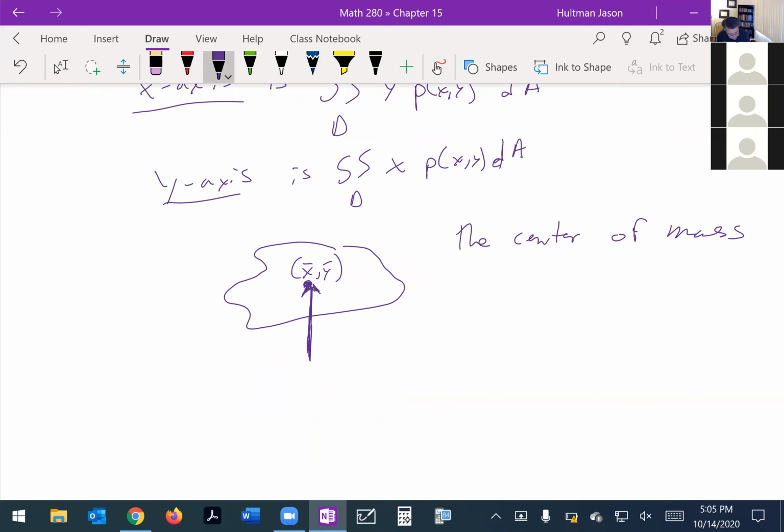So who knows? Okay, the center of mass is defined as x bar, y bar, such that the moment of x bar is equal to the moment of y.